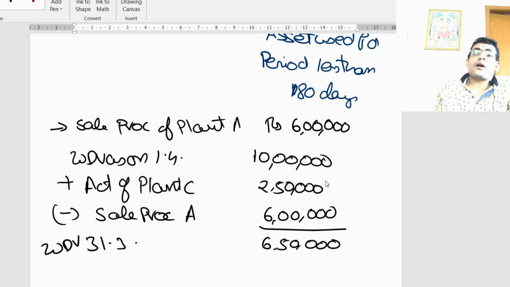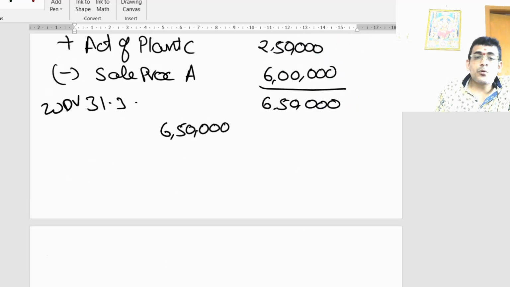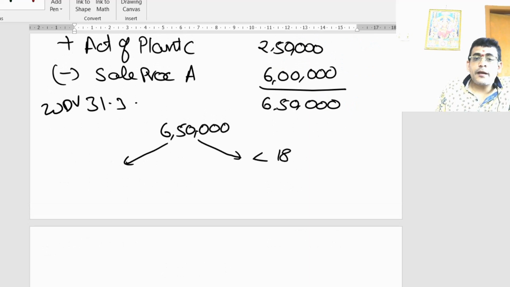Now, as I had mentioned earlier, my WDV of 6 lakhs 50,000 should be broken up into two parts. One part, used for less than 180 days. What I have to consider here is the actual cost. What was your actual cost? 2,50,000.